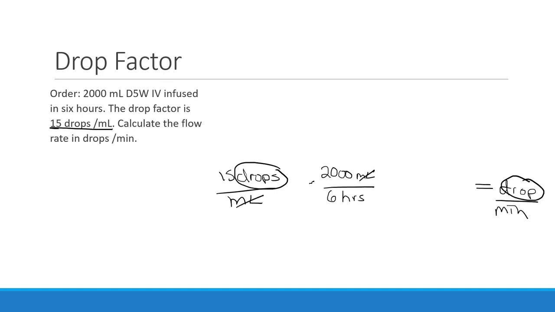Mark out, mark out. Can I leave it this way? Nope, I got to get rid of 6 hours. So I'm going to put an hour over 60 minutes. So that's my man in the mirror. They've got their date to the dance. And can I start doing my math? I sure can.